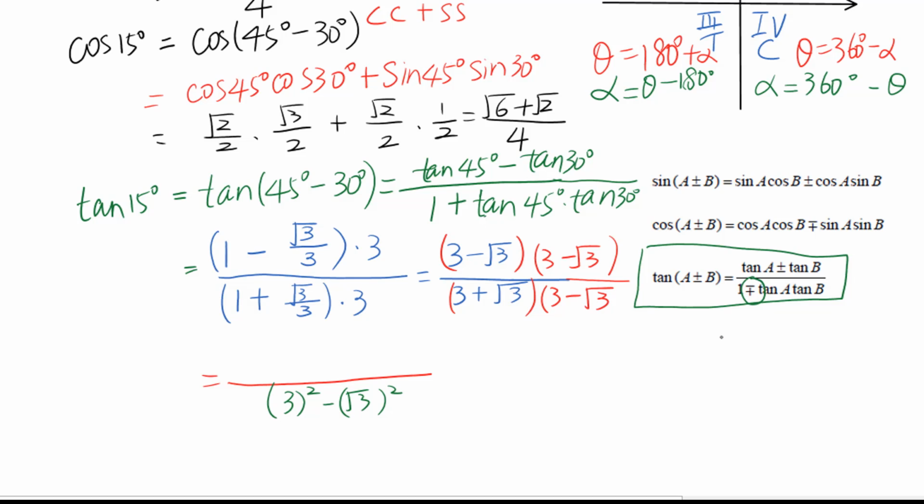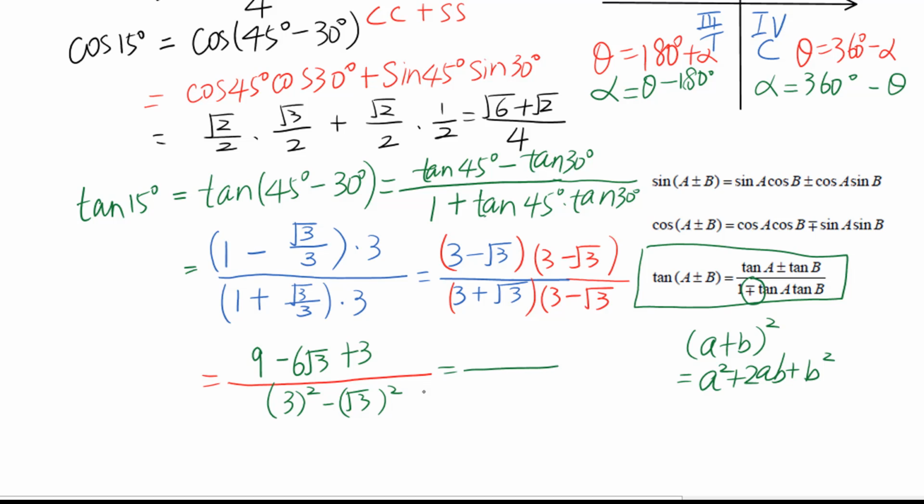For the top, we will use (a plus b) squared equals a squared plus 2ab plus b squared. To figure out, you will get 3 squared is 9, minus 2 times 3 times square root of 3, that is 6 square root of 3, then plus 3.